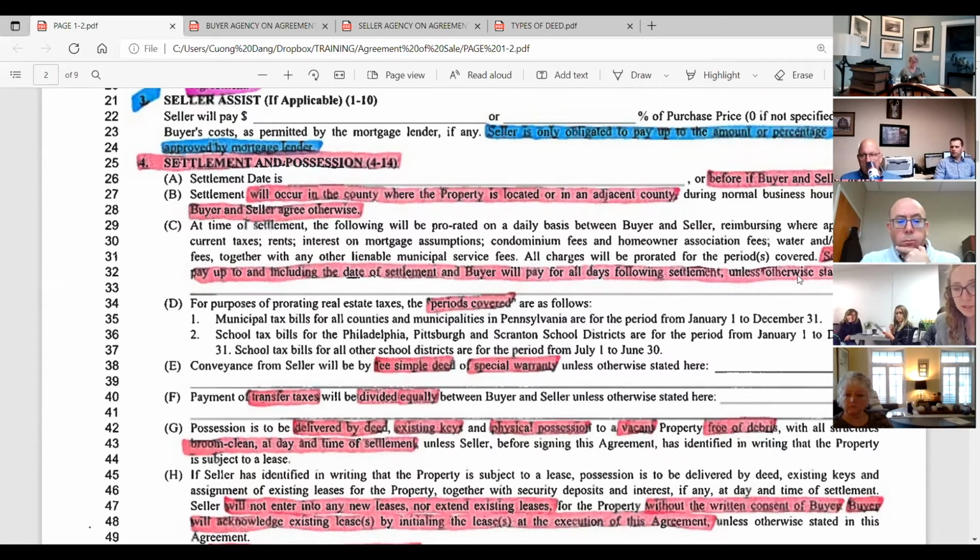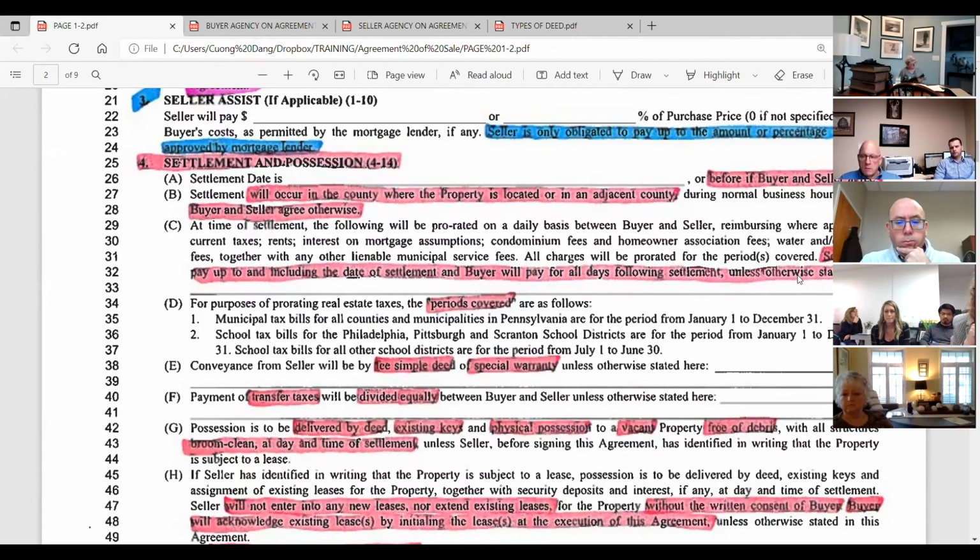We do have one question, if we can interrupt for just 1 second. We were just discussing here on the side about the seller assist. So you were saying that under seller assist, that could be for not necessarily closing costs, but other types of costs that the seller is covering, correct? Well, the intention is to cover the closing costs for the buyer.